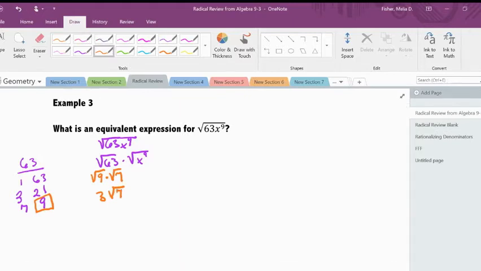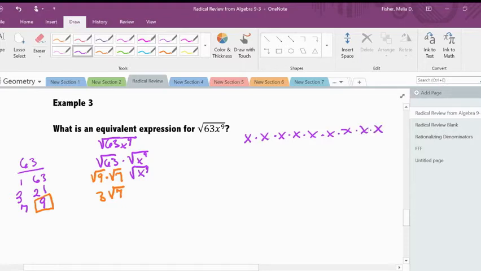Now we need to go ahead and look at what's going on with the square root of x to the 9th. Now remember that x to the 9th is really x times x times x times x times x. 9 x's here. 1, 2, 3, 4, 5, 6, 7, 8, 9 x's is really what's happening.